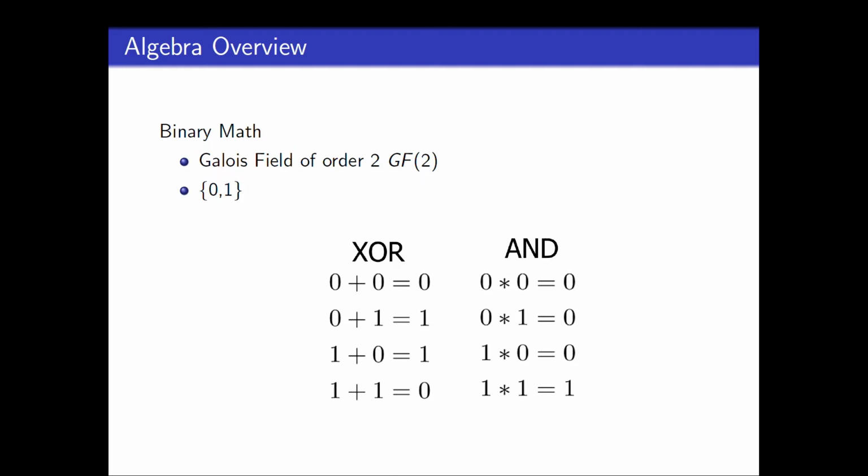If we have 0 plus 1 or 1 plus 0, then there's just 1 in that operation, so we end up with 1. And then 1 plus 1, we don't have just 1, so we end up with 0 for our result. Similarly, for multiplication, the outcome of this operation is only going to be 1 if all of our parameters are also 1. Otherwise, we have 0.